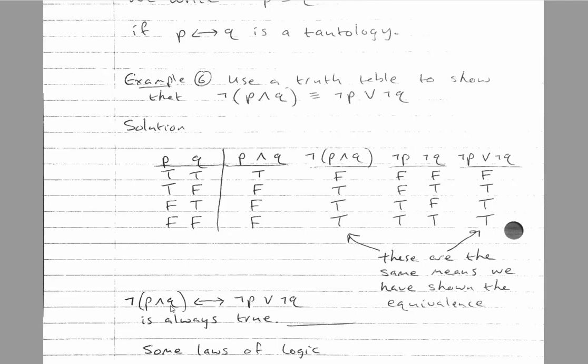So in other words, this if and only if this is always true. Okay, so you can prove things are logically equivalent by looking at all the cases using a truth table.